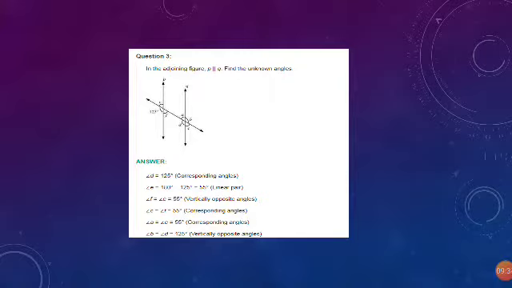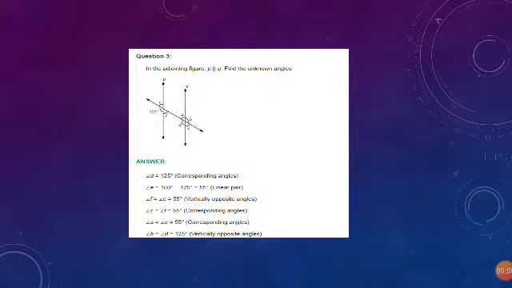That is supplementary angles. 180 degrees minus 125 degrees equals 55 degrees, and 125 degrees plus 55 degrees gives 180 degrees. So linear pair angles mean straight line angles, exactly 180 degrees.